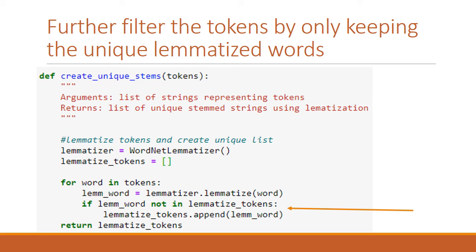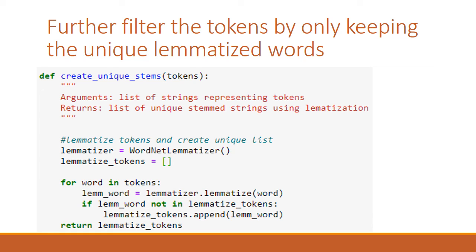We're going to take that lemmatized word and check to see if we've already added it to our lemmatized token list. If it's not already in the list, we're going to add it to the list. So if lem word not in lemmatized tokens, if that's true, then lemmatized tokens dot append lem word.